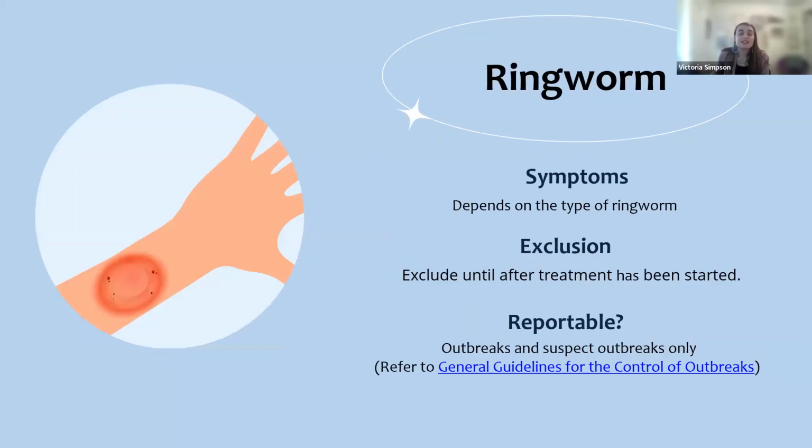But the exclusion is the same for all ringworm diagnoses. Individuals with ringworm should be excluded from the childcare center or the school until after treatment has started. Individual cases of ringworm are not reportable to public health, but outbreaks or suspect outbreaks of ringworm are reportable.